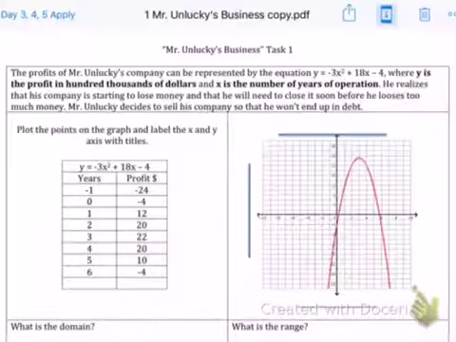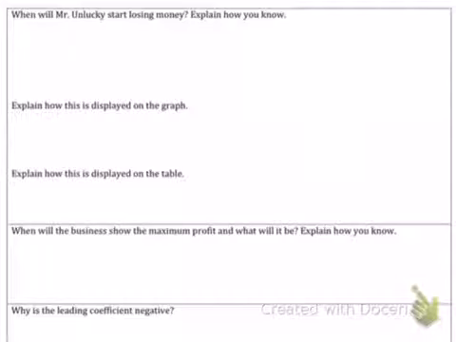Alright, I'm going to picture the graph. Explain how this is displayed on the graph.